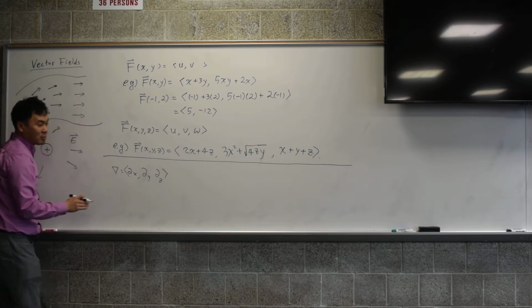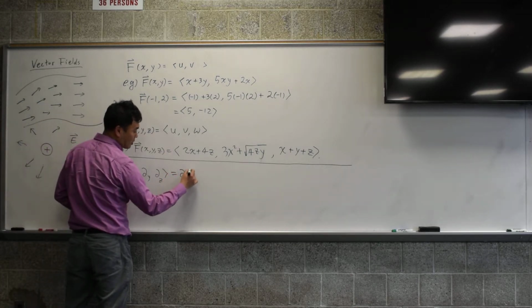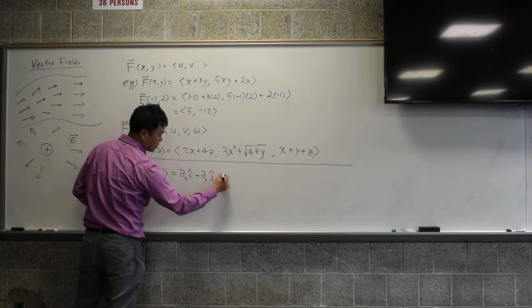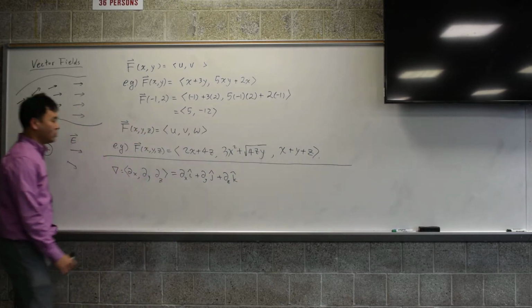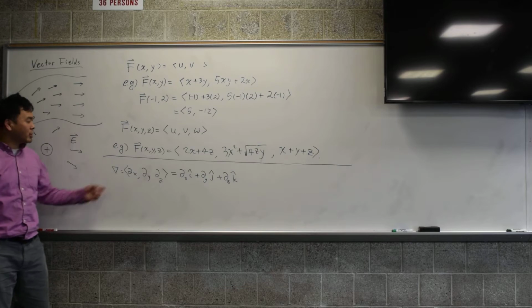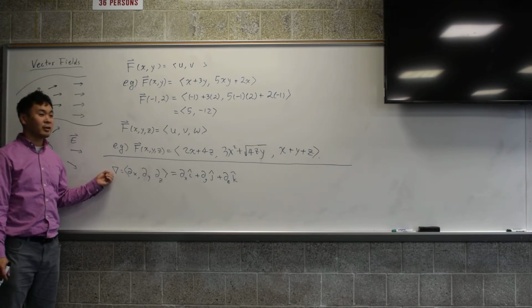So this is called nabla. Sometimes I wrote it down like round x i, round y j, round z k. Okay, these are the standard unit vectors. When did we make use of this? Yeah, in the beginning, but when we were doing what?